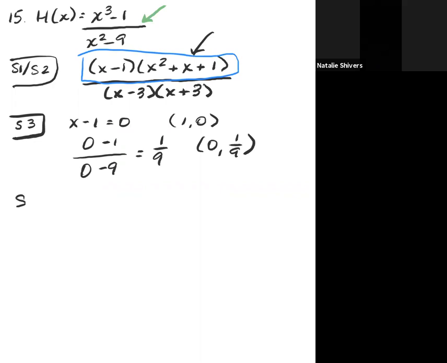Step 4 is the vertical asymptotes. So take the bottom and set it equal to 0. So we get x equals plus or minus 3. And step 5, we're going to do long division.